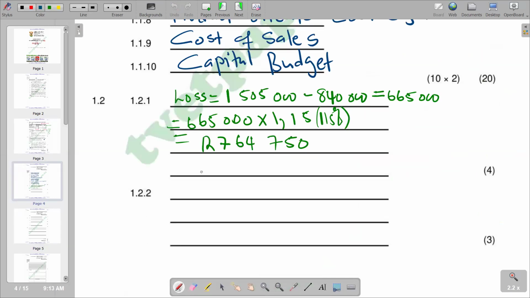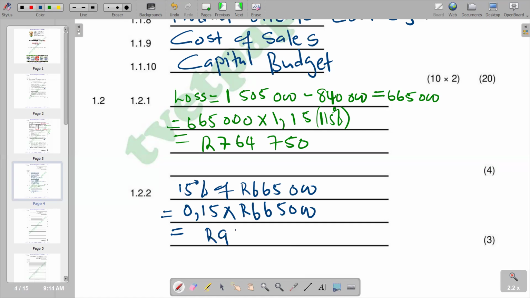We are now saying 15% of 665,000, which we are going to calculate by converting our 15% to a decimal to become 0.15, and then you multiply by 665,000, and then you get your answer as 99,750. 99,750 being the provision for latent defects.